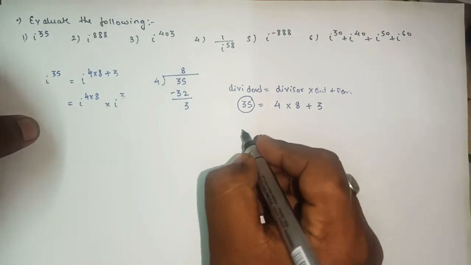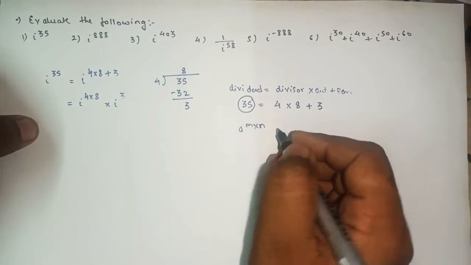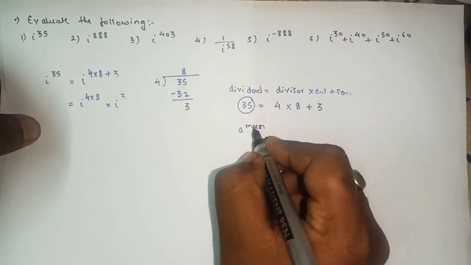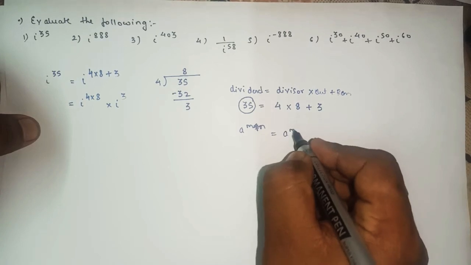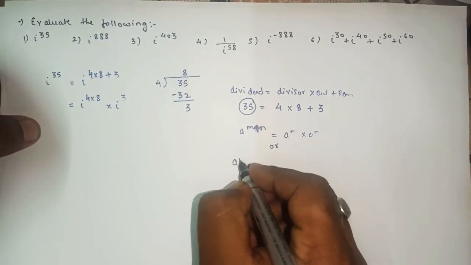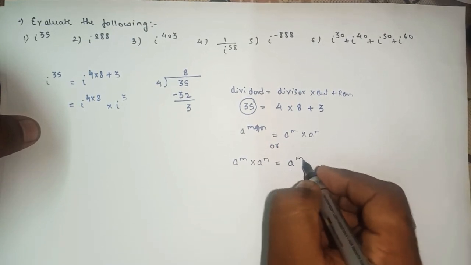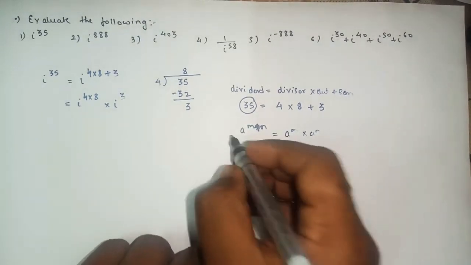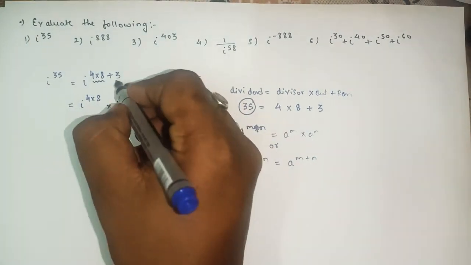How? As we know that a raised to m plus n we can write as a raised to m into a raised to n, or else a raised to m into a raised to n we can write as a raised to m plus n. So we'll consider this part as m and this part as n.